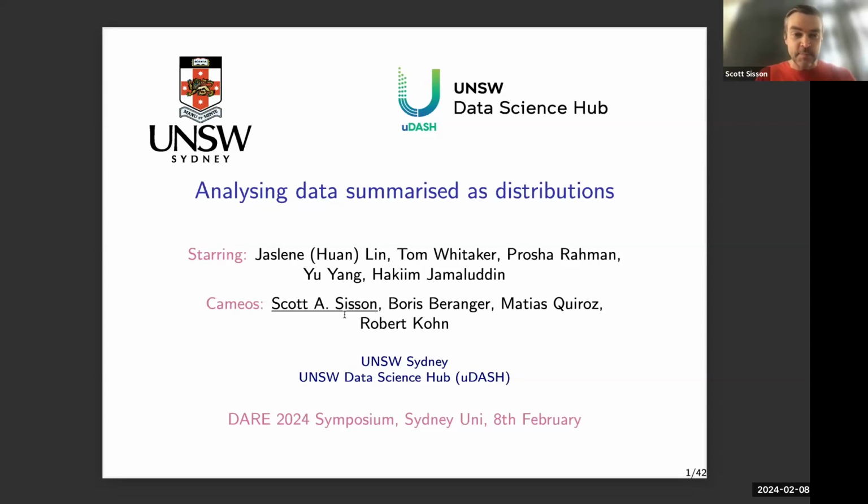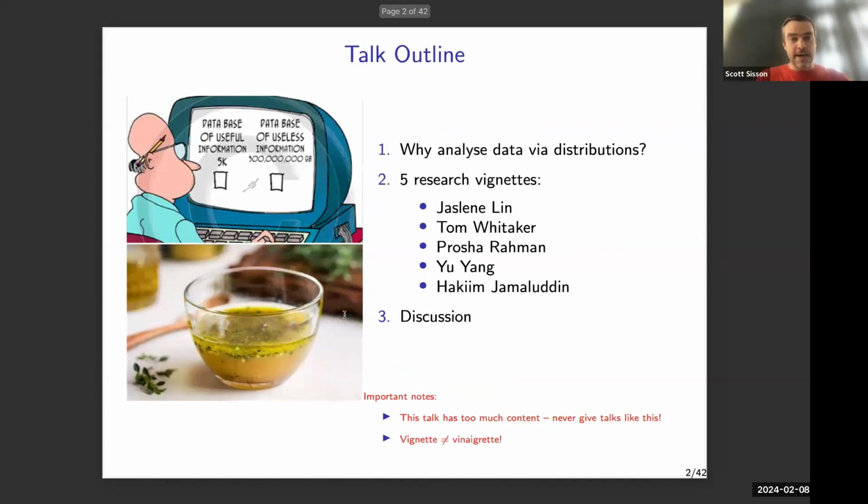You can see their names there, taking the starring roles. The second list of names there is the supervisors who have been involved in many of the projects that I'll present. I'm going to talk about analyzing data via distributions, and I'll explain what that means in a minute. And then I'll give 5 research vignettes, so little stories about what each of these students have been working on.